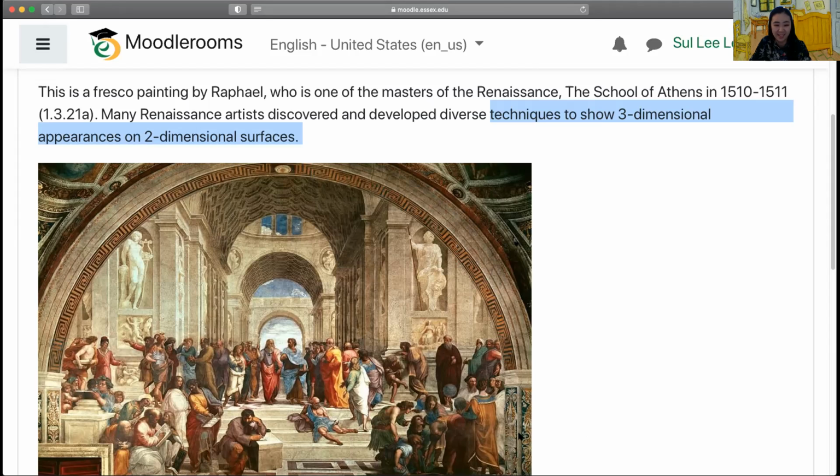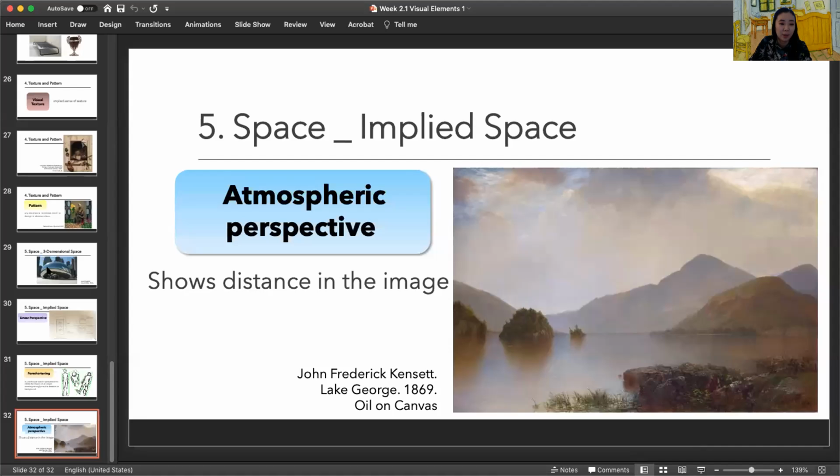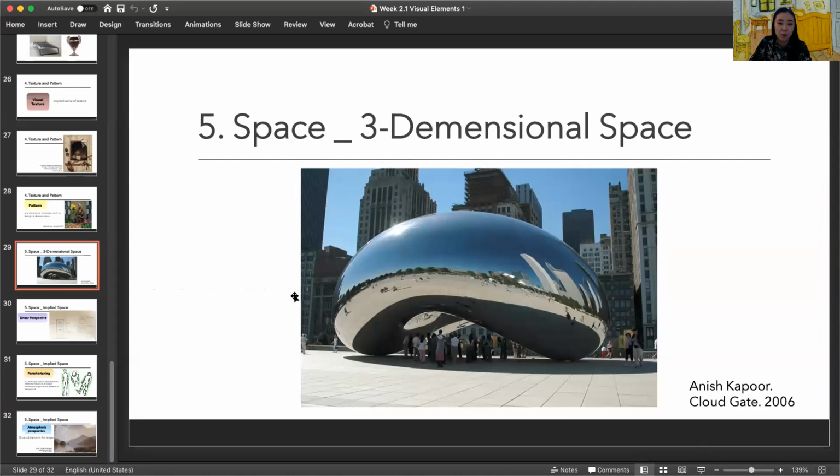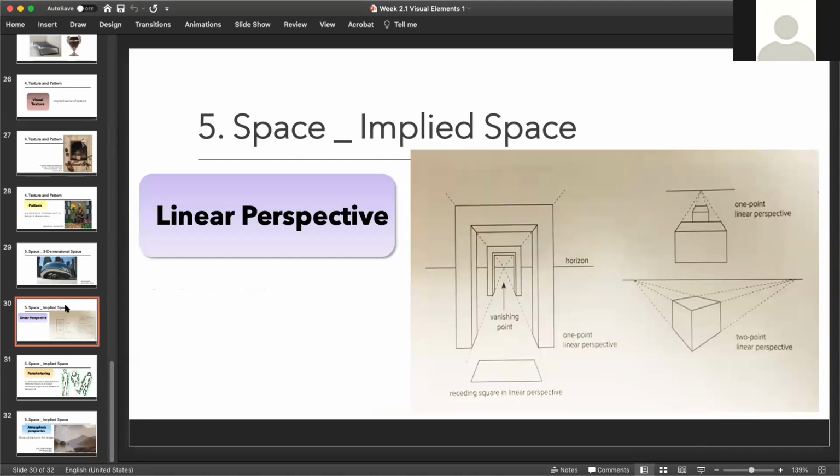Professor, what was the other technique again? Can you go back to the slide you showed us, like the one you said the answer is one of them? Can you go back to them, please? Of course. So this is an actual space.